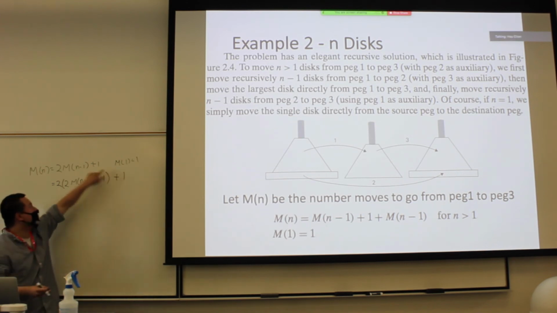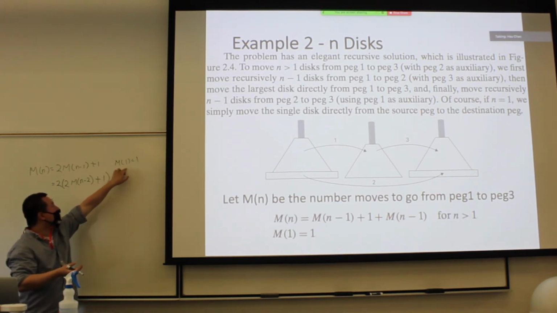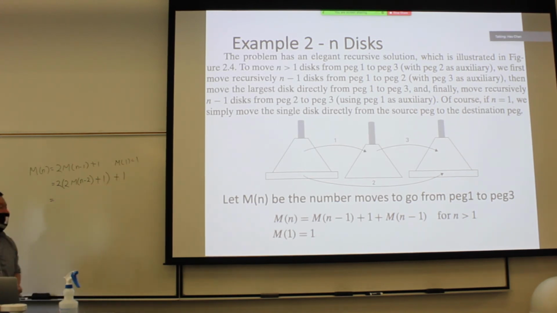This plus 1 comes from the original relation. We keep substituting until we see a particular pattern, and then we substitute in the base case, which has the value of 1.